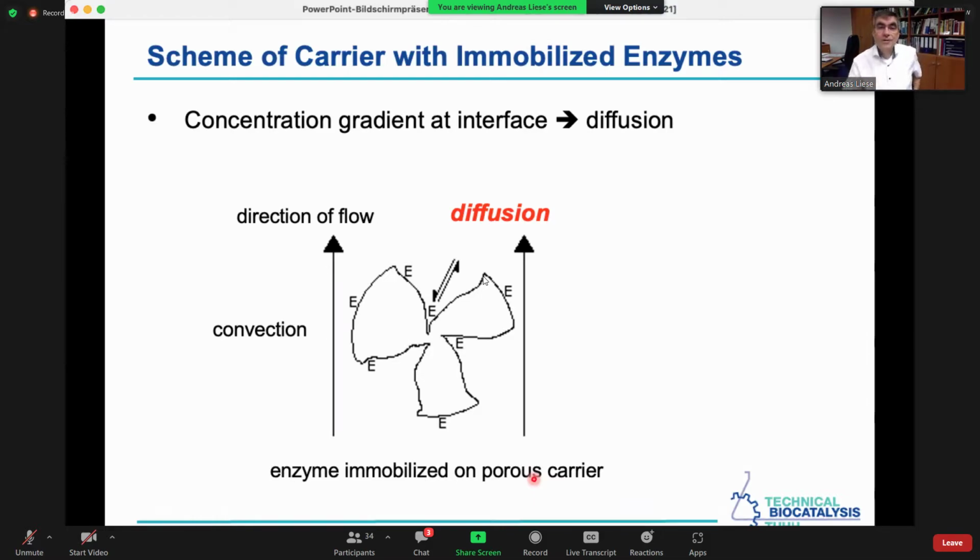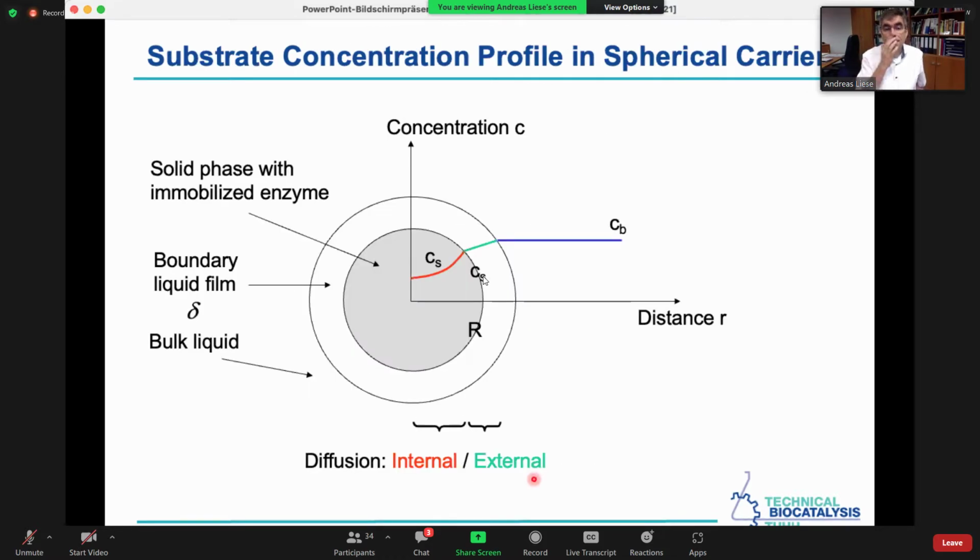Yeah, and this was just a picture of what I explained to you before, convective flow. We already discussed this. If we're looking at a particle, and here in the middle, where my laser pointer is, that's the inner part, the gray area, that is the particle itself. And you're talking concentration, and now you see a substrate concentration. Here, far away from the particle, we have the bulk phase. B stands for bulk, liquid phase, where we have a specific concentration.